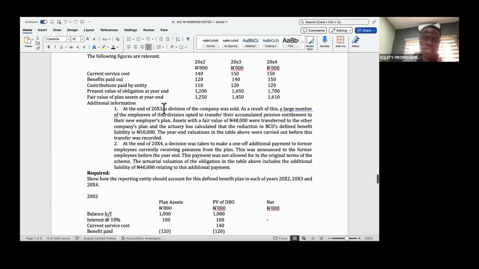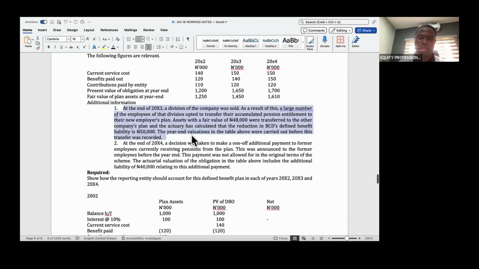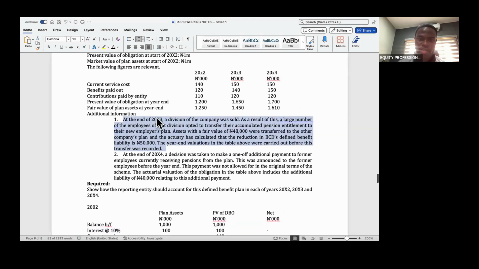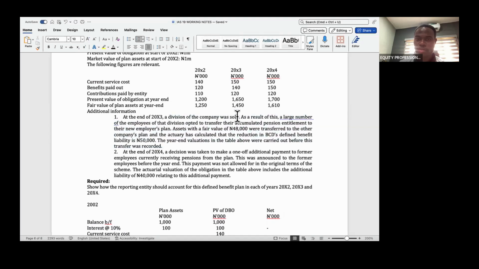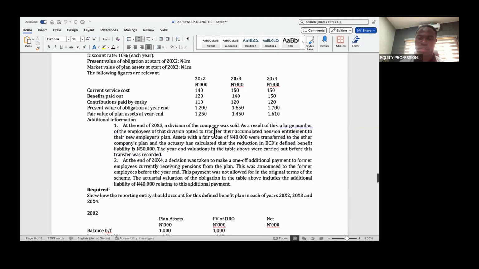So in 2003, I can see that there was information given to us. So let's look at it together. At the end of 2003, a division of the company was sold. As a result of this, a large number of employees of that division opted to transfer the accumulated pension entitlements to their new employer's plan.